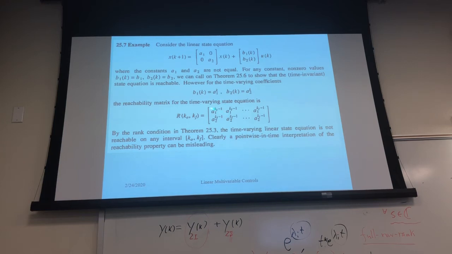You will see that because B1K is A1 to the power of K, then when you multiply by A1 you get K plus 1. So then you always get something like this, okay? And this row and this row are the same. Therefore, we know that from the freezing coefficient point of view, for any fixed K, it's controllable.